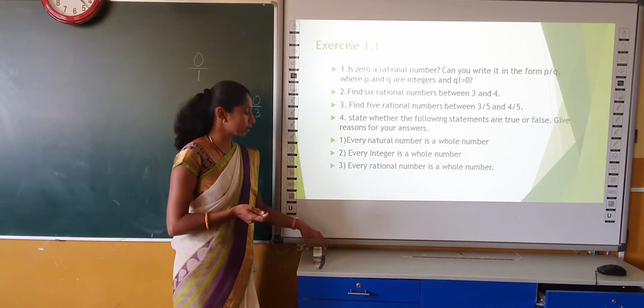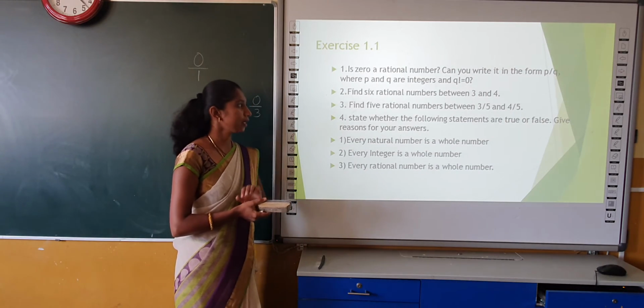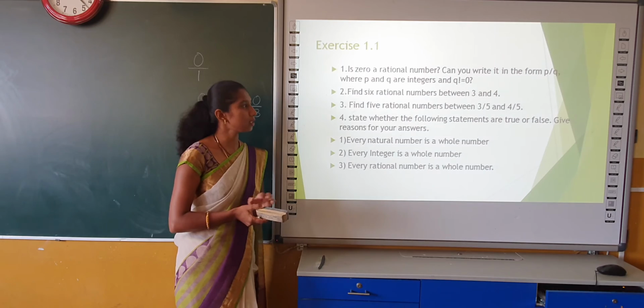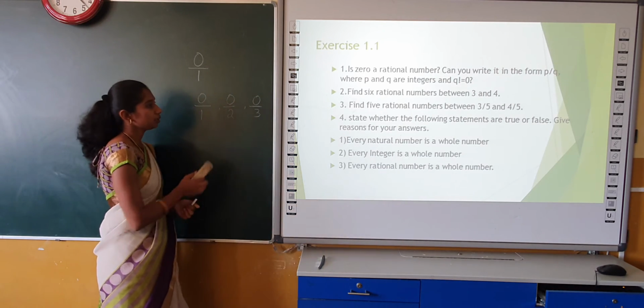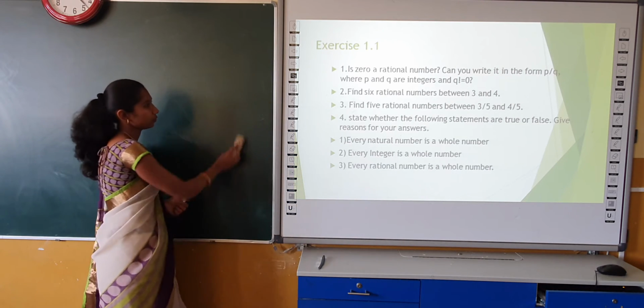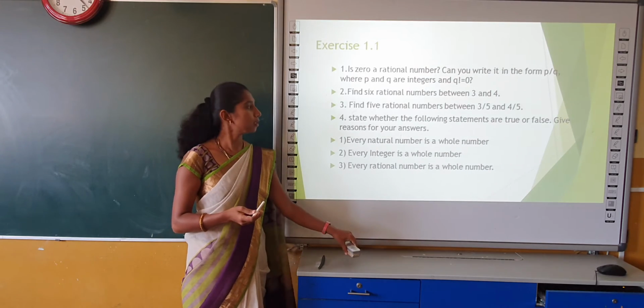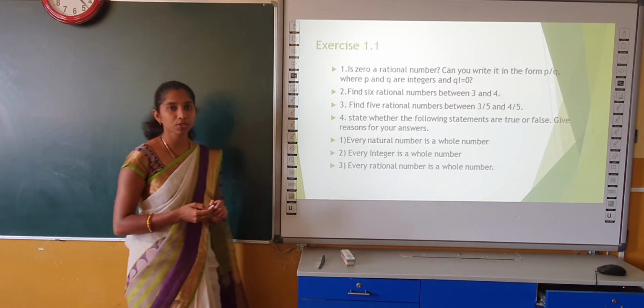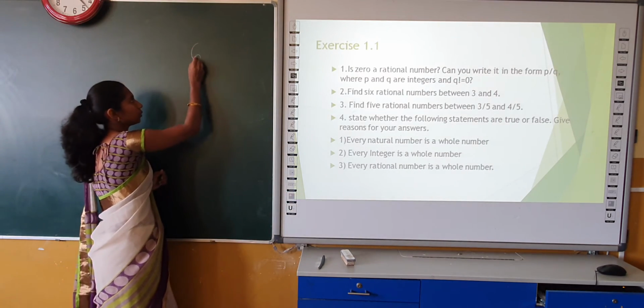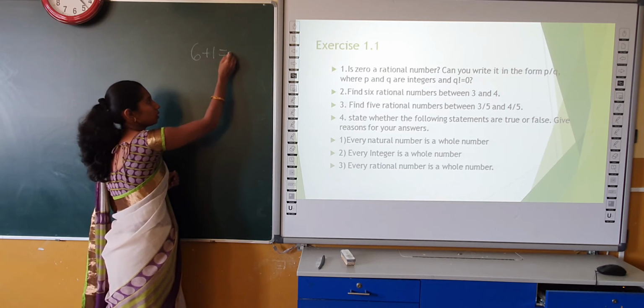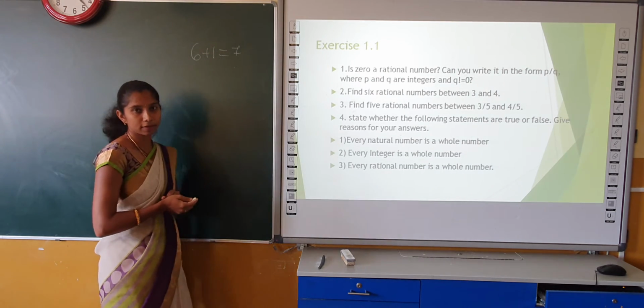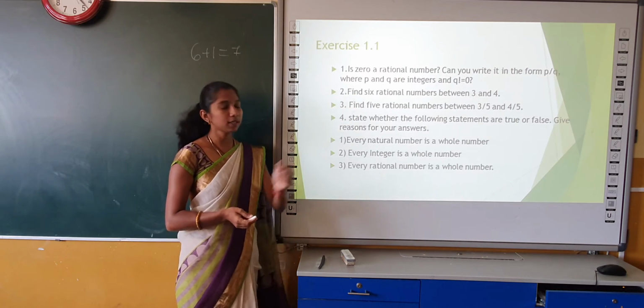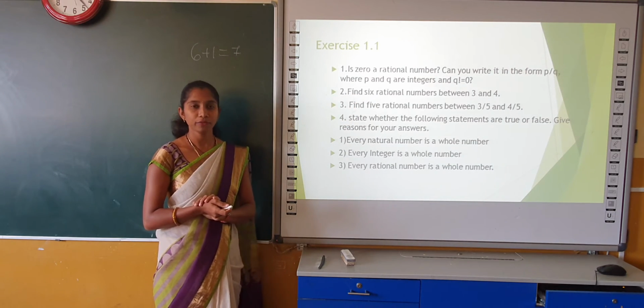Next, look at the second question. Find 6 rational numbers between 3 and 4. How many rational numbers are they asking? 6 rational numbers, so you have to take 6 plus 1 is equal to 7. Between which numbers? 3 and 4.